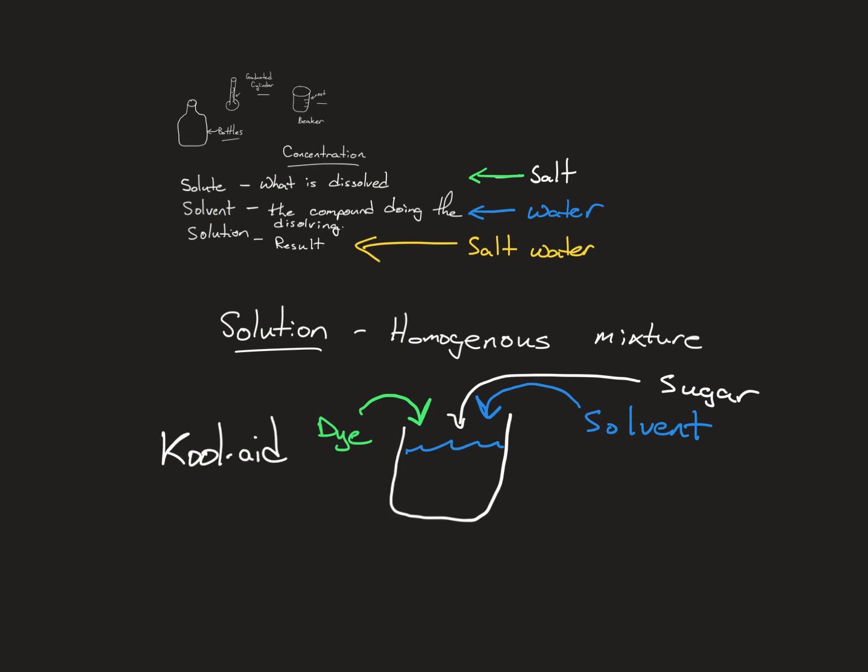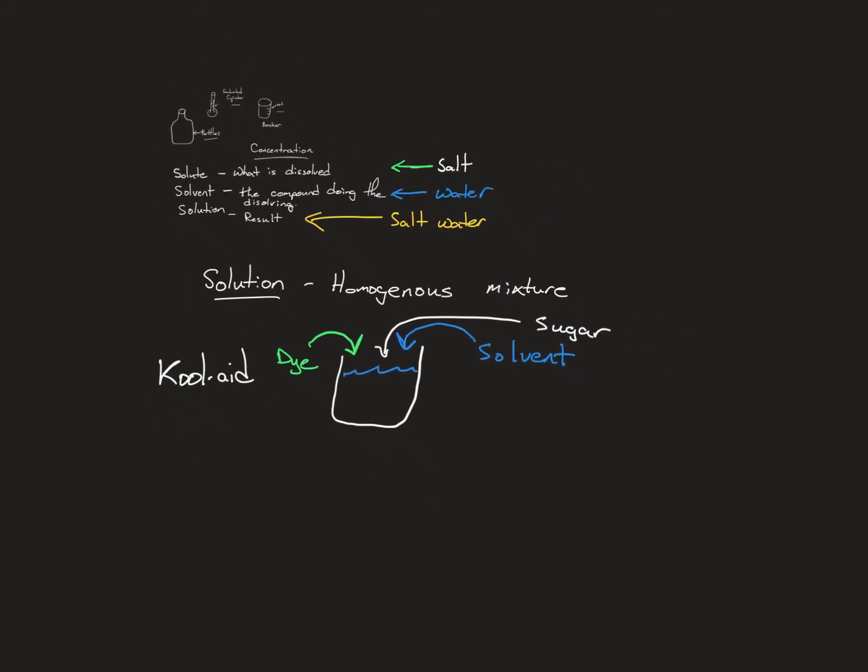When you mix the three things together, what you get doesn't look like water anymore. It looks something like this. It's some kind of colored fluid. Can you see the dye particles? When you have green Kool-Aid, can you see the little green molecules? No. You can't see any particulate.